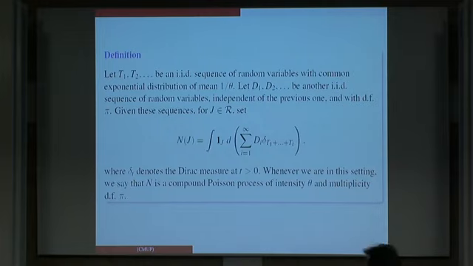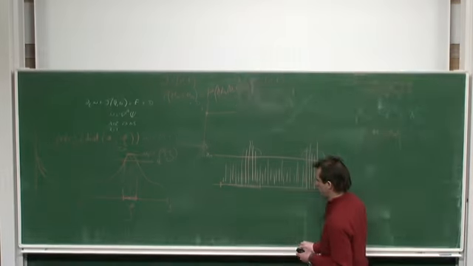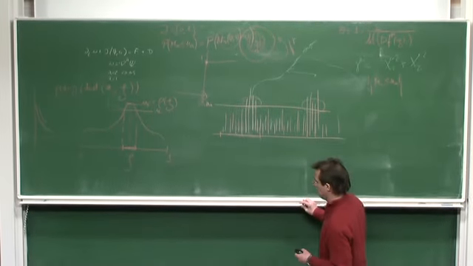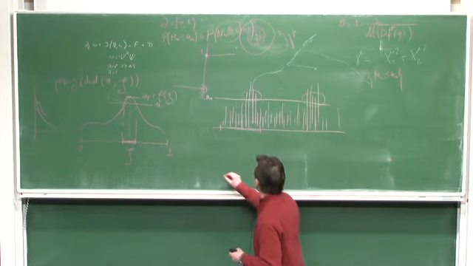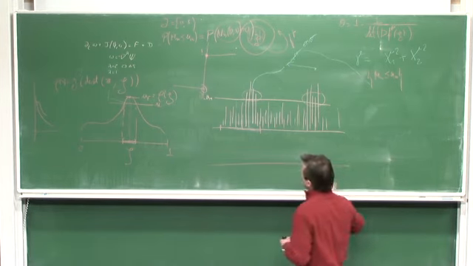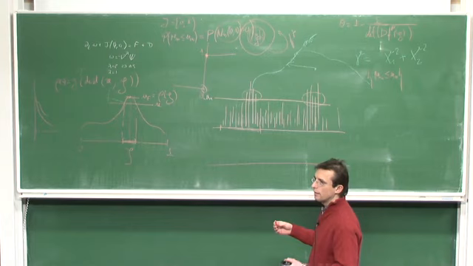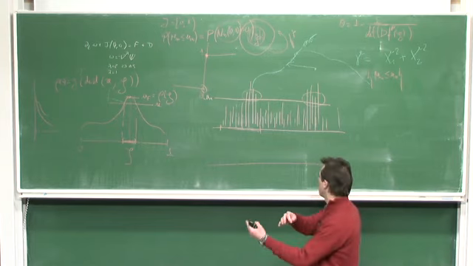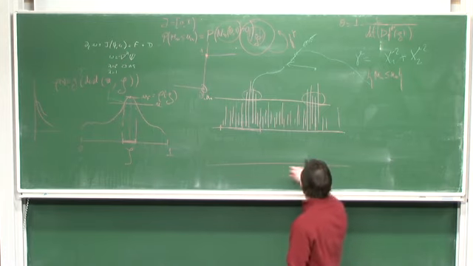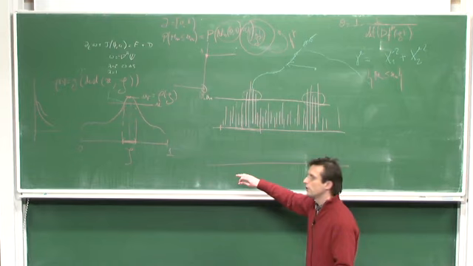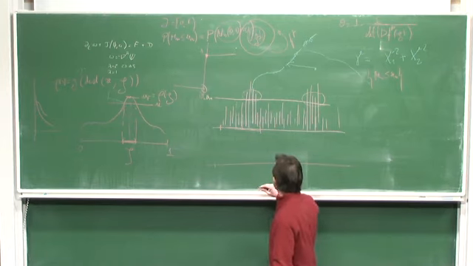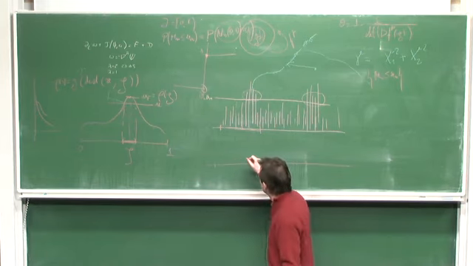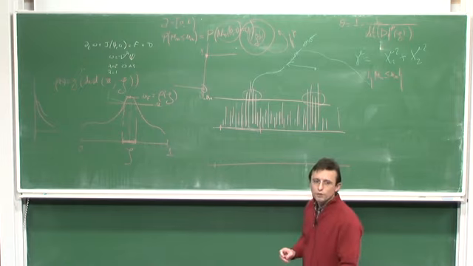For a compound Poisson process, we consider the timeline, and then we have the compound Poisson with, let's say, two components. One has got to do with the Poisson events, which are ruled by an exponential distribution.